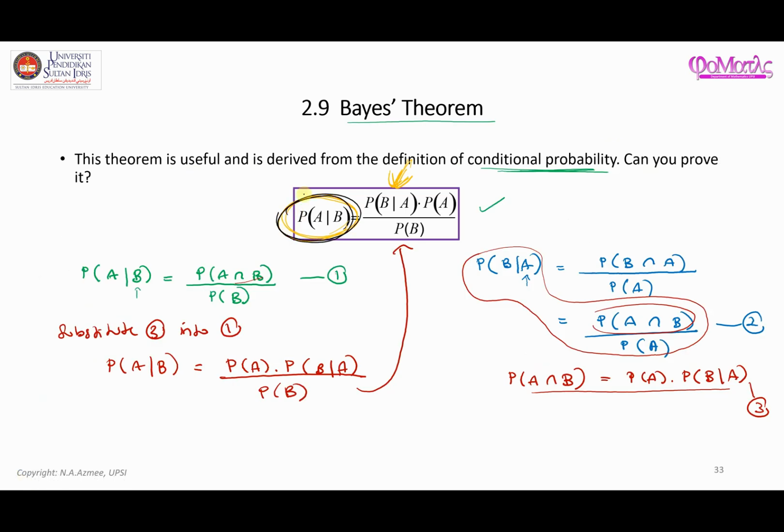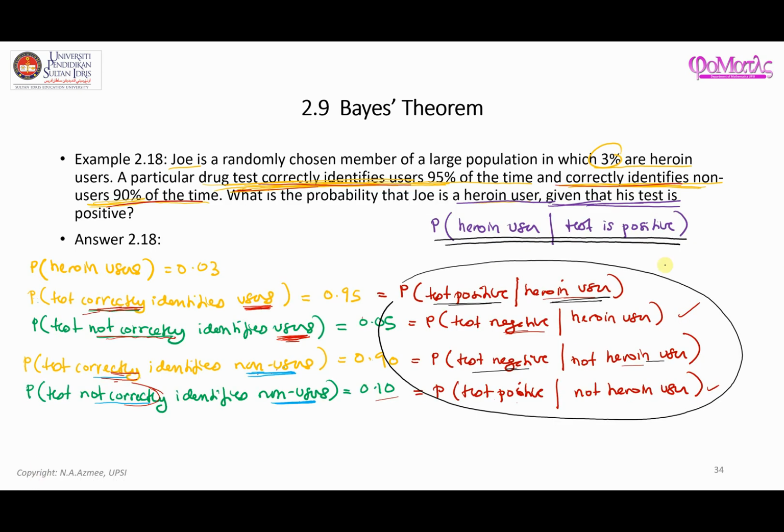For example, this is what we want: A given B, but the information we have is the other way around, the probability of B given A. We want something like A given B, but the information we have is flipped. We have B given A. So we need to be able to use this information in order to answer this question.